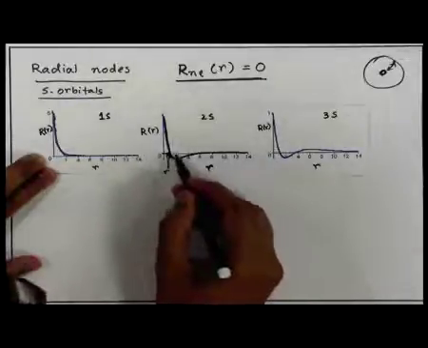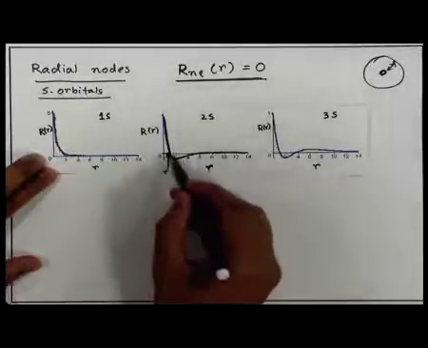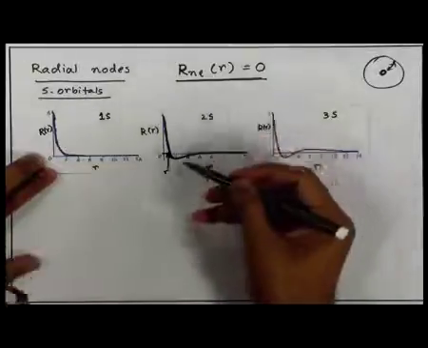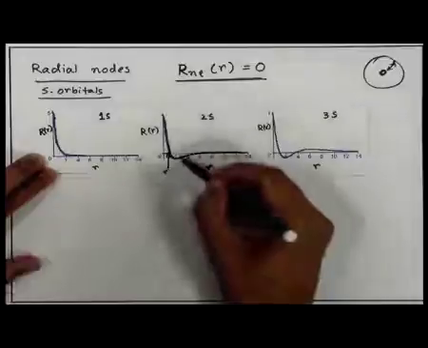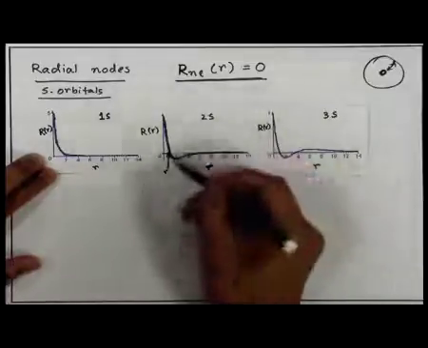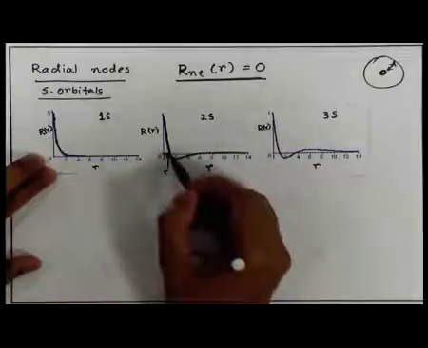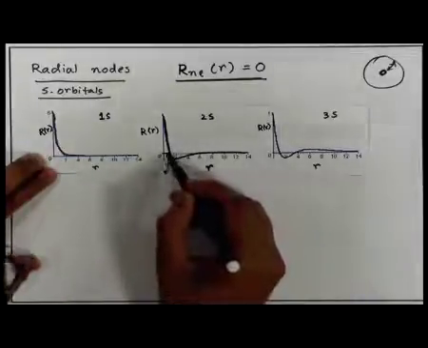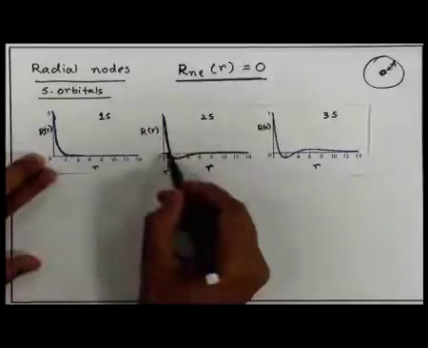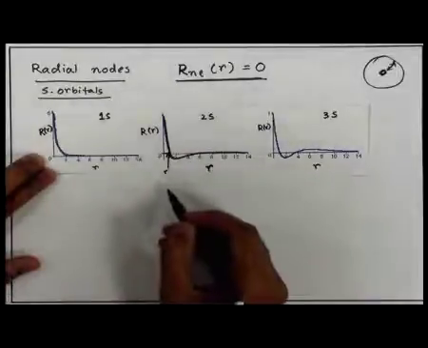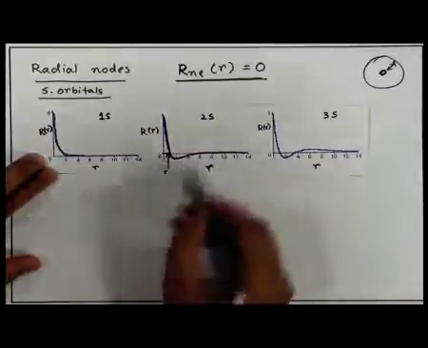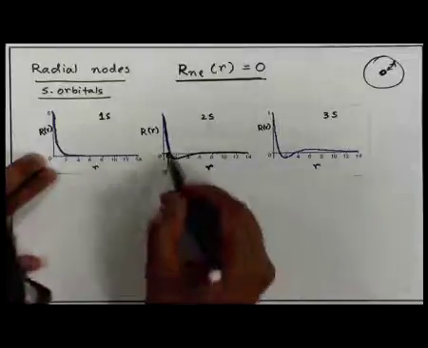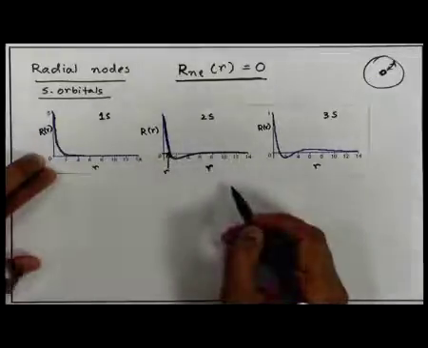But as you go to higher values of r, you see the wave function has some negative value, but when you square it to calculate the probability, of course it becomes positive. So, at only one value of r does the probability not exist. Below that value of r you have the chance of finding the electron, and after that value of r you again have the chance of finding the electron.